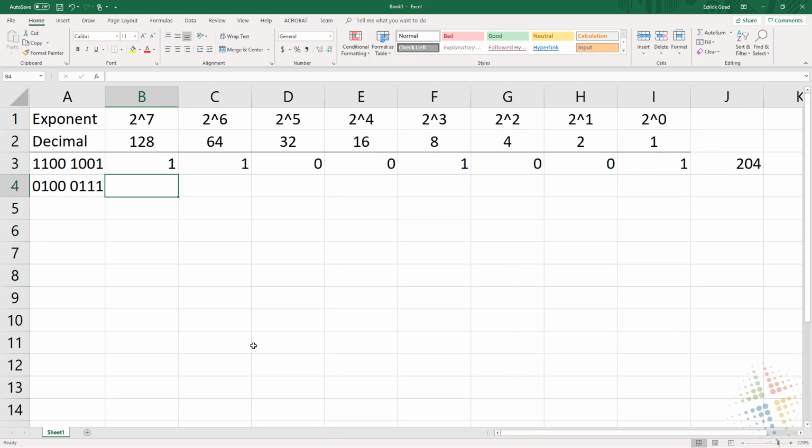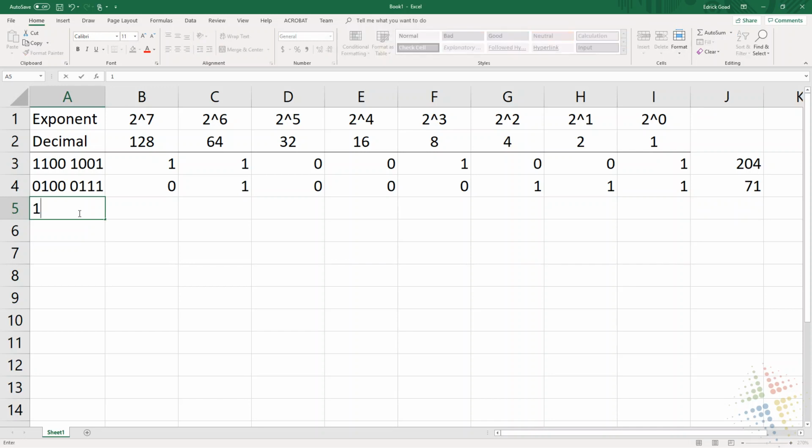And so I break it out into the individual columns, 0, 1, 0, 0, 0, 1, 1, 1. I now look at the columns up above. I have right here 64 plus 4, that's 68, plus 2, that's 70, plus 1 is 71. So my number is 71.